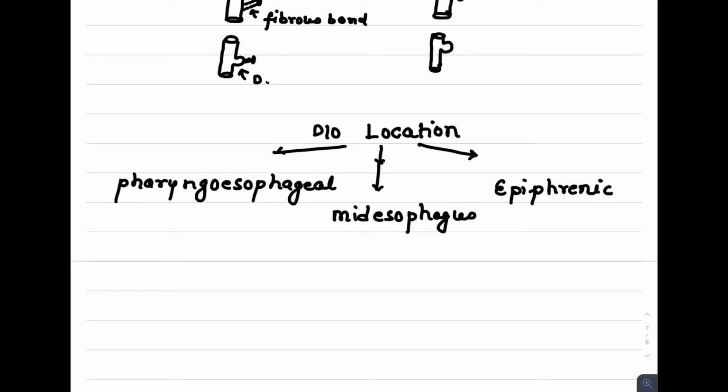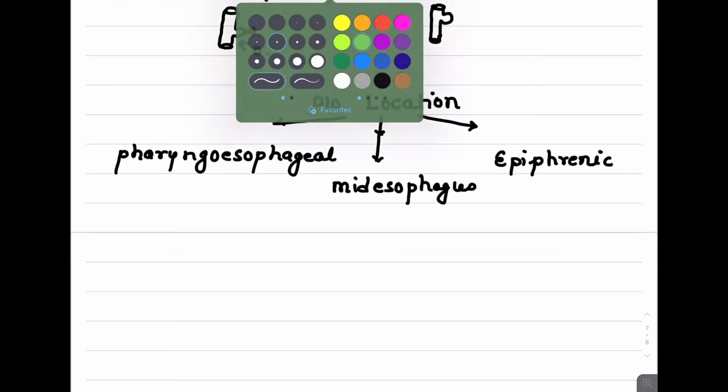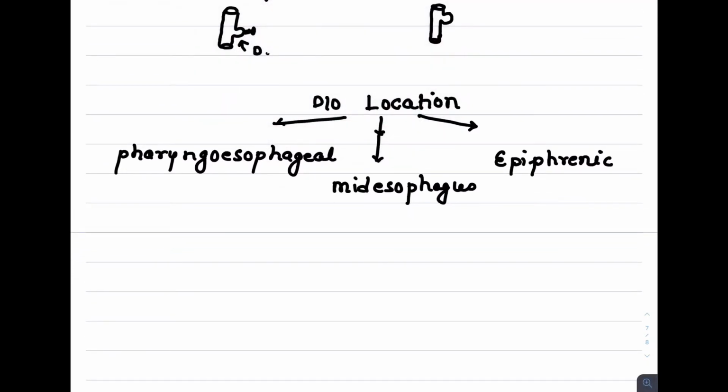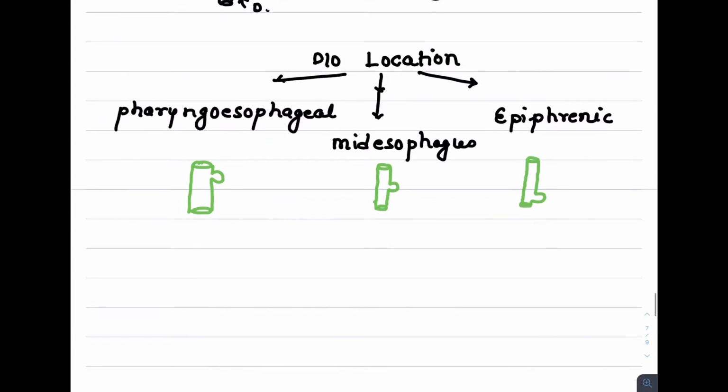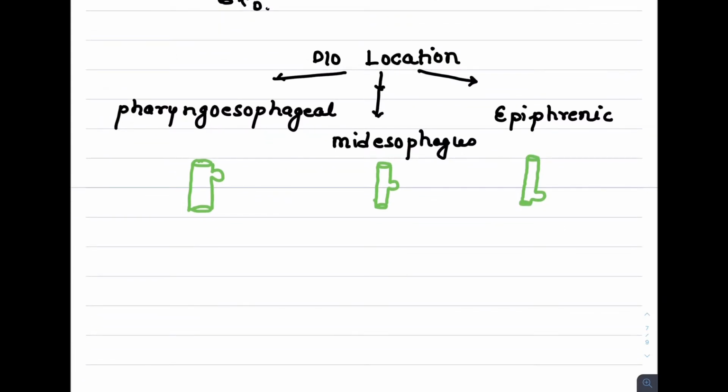Let's see with the help of the diagram: if there is a protrusion in the uppermost part, it is pharyngoesophageal; protrusion in the mid esophageal part is mid-esophageal; and protrusion in the lower one-third of the esophagus is known as the epiphrenic diverticulum.